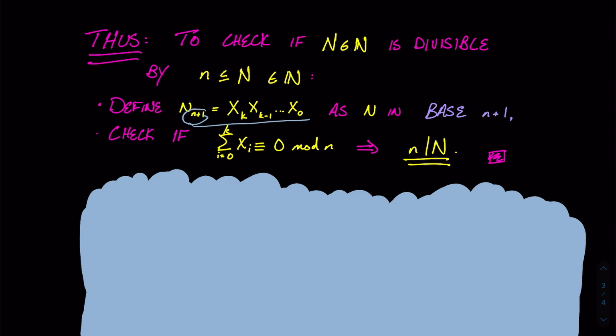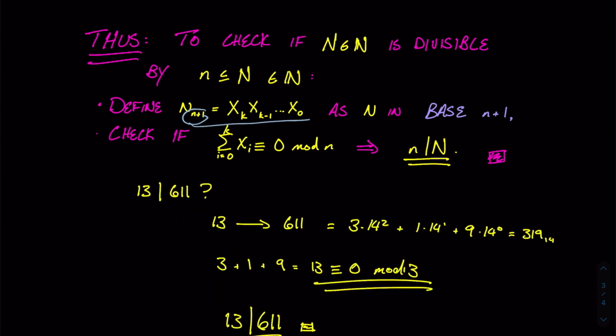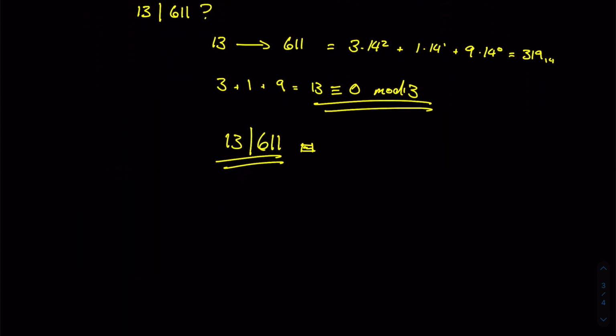Let's check an example of this. We want to know if 13 divides 611. So first, since we're dealing with dividing by 13, we want the modular regime we're in to be mod 14, so mod 13 plus 1.